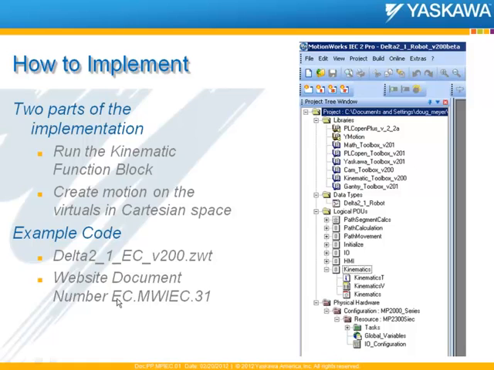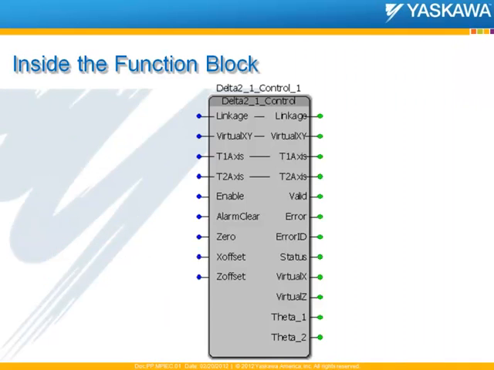It's a public document. Here's the number, EC.MWIEC.29. You can search for that, and you can also look it up using keywords such as kinematics or example code. You can find it in a variety of ways. That's it. Pretty simple.